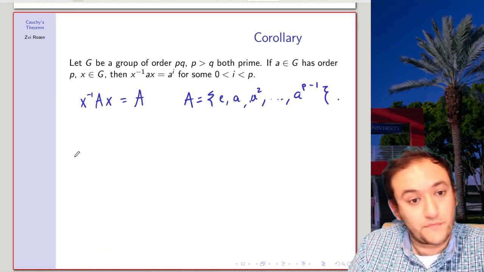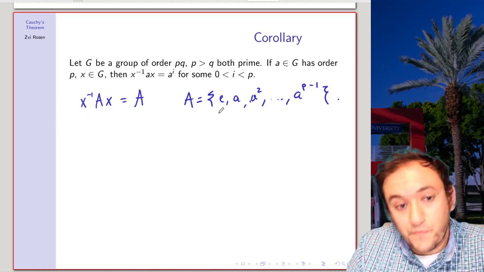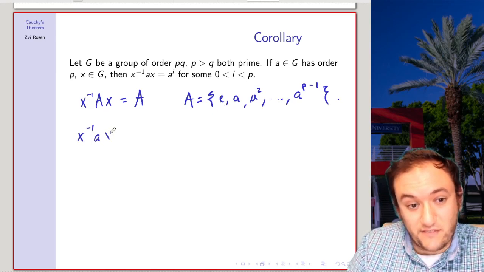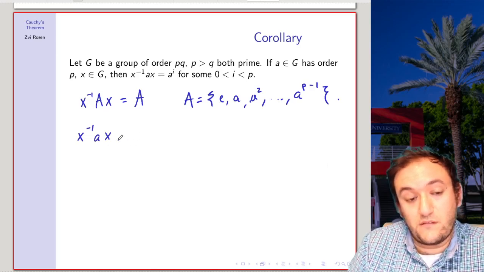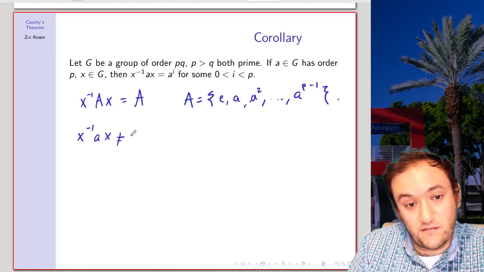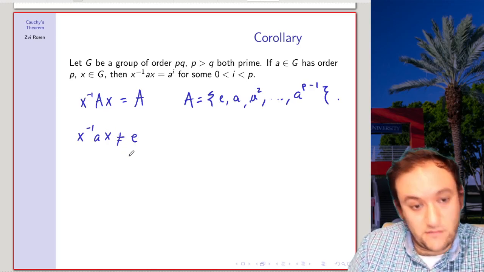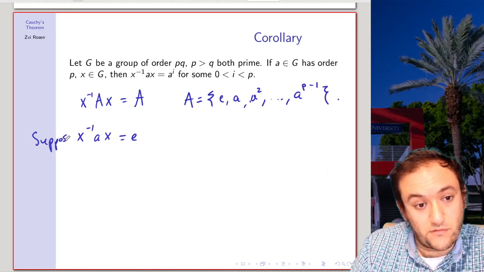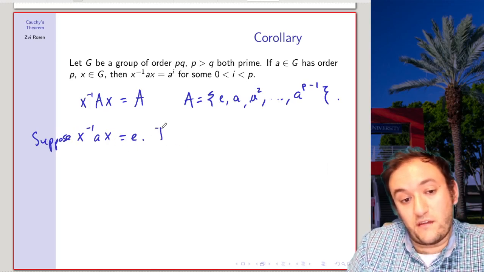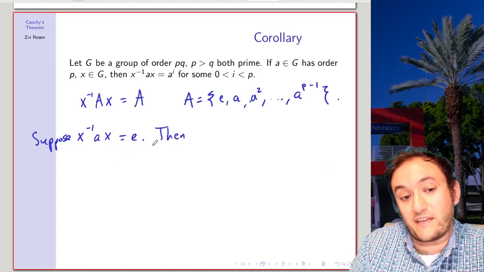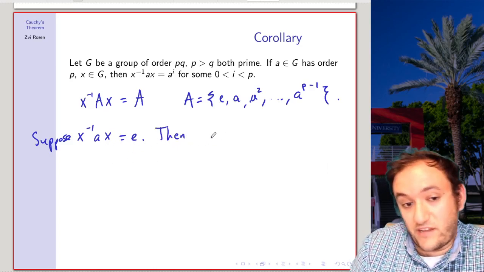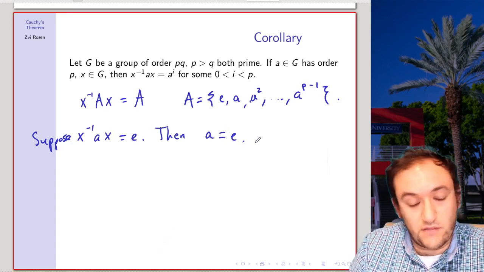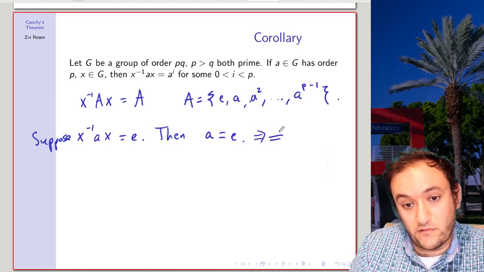Okay. So all we have to show really is that x inverse a x is not equal to the identity. And suppose this were true, then multiplying by x on the left and x inverse on the right, you get a equals e, which is obviously not true if a has order p.